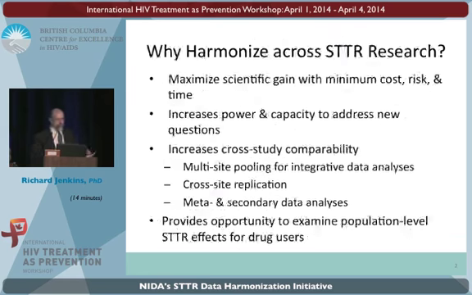Why would you want to harmonize? Well, in this case, we're harmonizing across our seek, test, treat, and retain protocols. So there are typically common areas of research, although they vary somewhat within the cohorts of studies that we have. Harmonization, by bringing together individual level data, increases your power and increases the capacity to answer new questions.